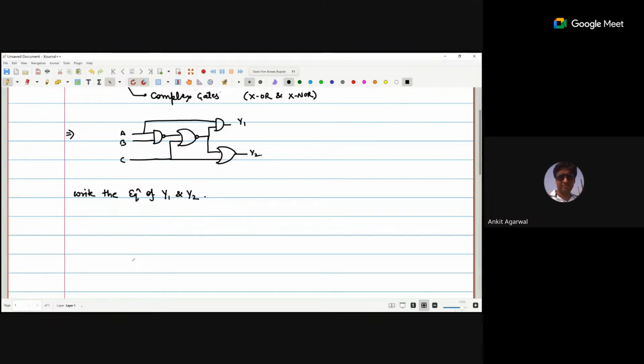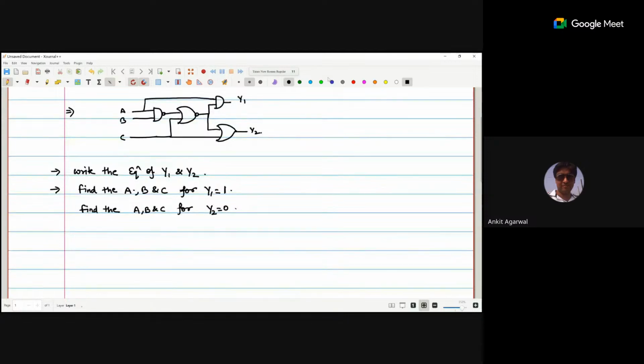Second question, similar to this one: find the A, B, and C for Y1 equal to 1, and similarly find the A, B, and C for Y2 equal to 0. Okay, so these three questions we can implement through this circuit.